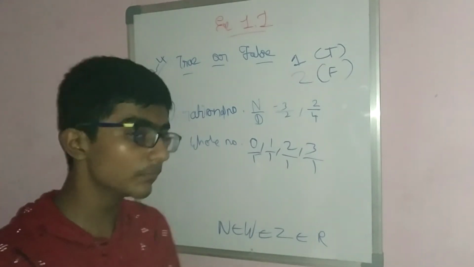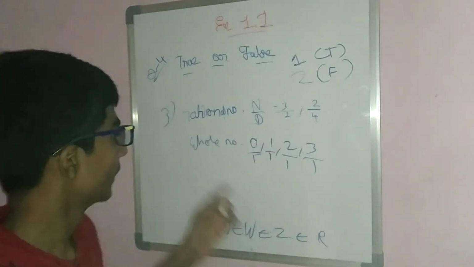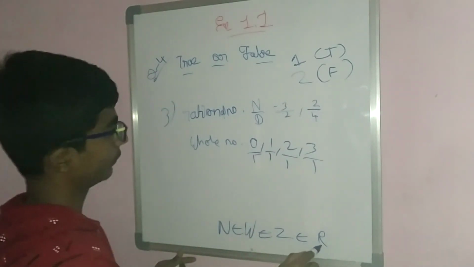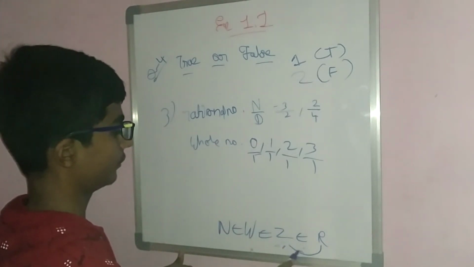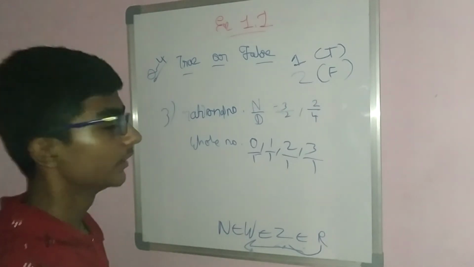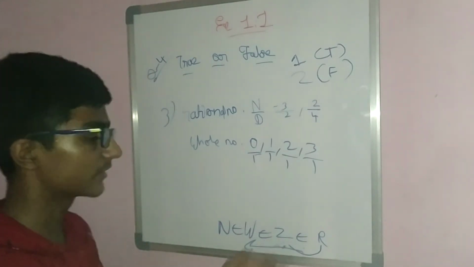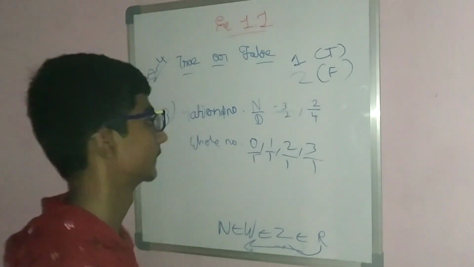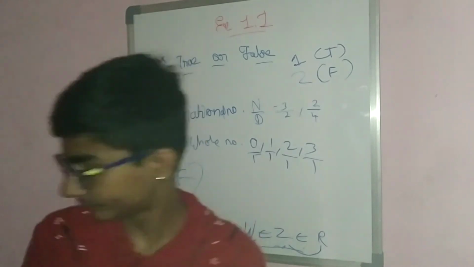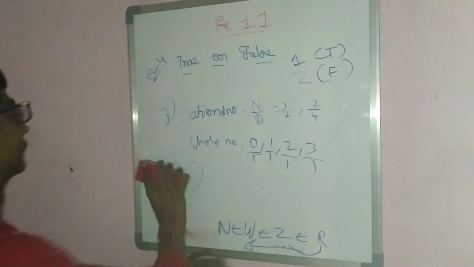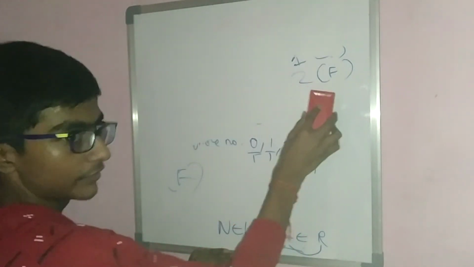We can add whole numbers into them, but we cannot add them into whole numbers. Here it's a vice versa question. All rational numbers are not whole numbers. Rational numbers are part of real numbers, so we can say that all whole numbers are rational numbers, but that's vice versa, and vice versa is false. So this is false. The third one's false, right?